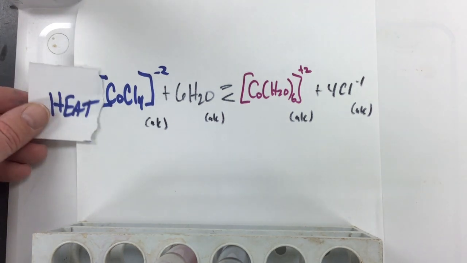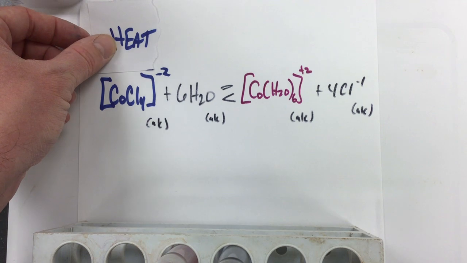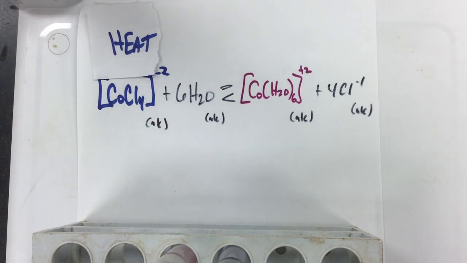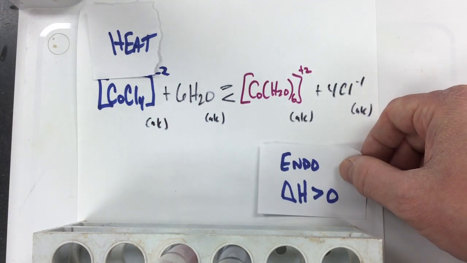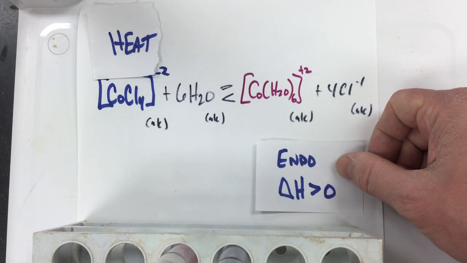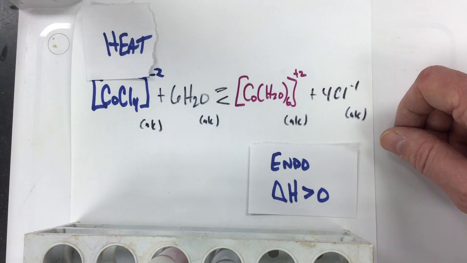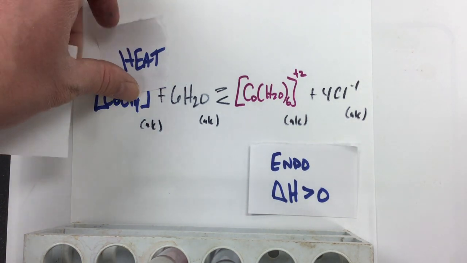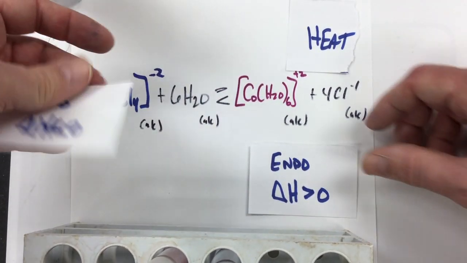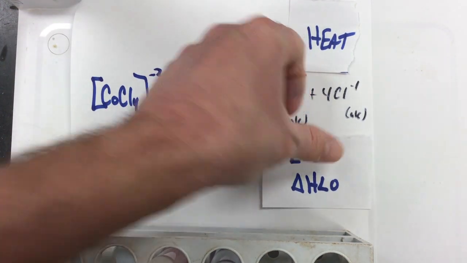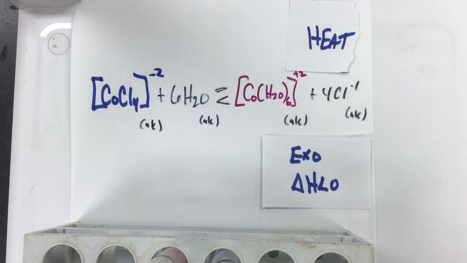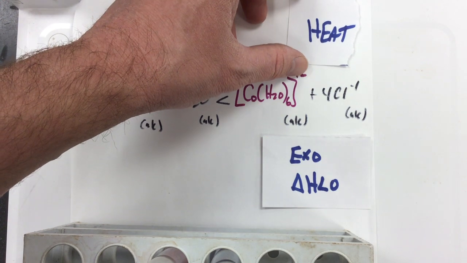So if heat goes over here on the left-hand side, then it is considered to be an endothermic reaction, and delta H is going to be greater than 0 if heat is on the left-hand side. If, however, heat is a product, then it is considered to be an exothermic reaction, and delta H is going to be less than 0.